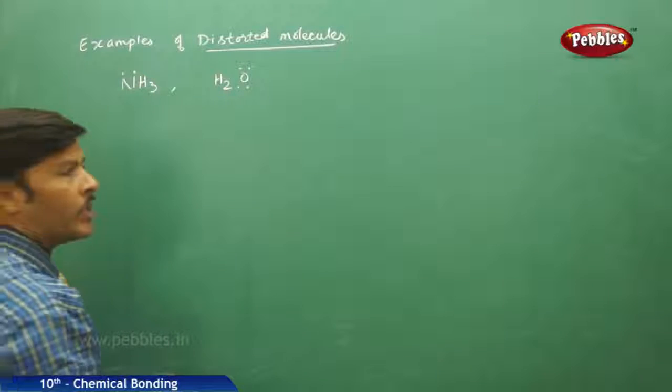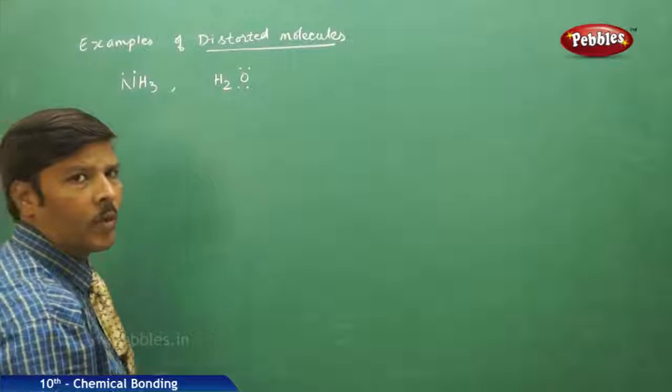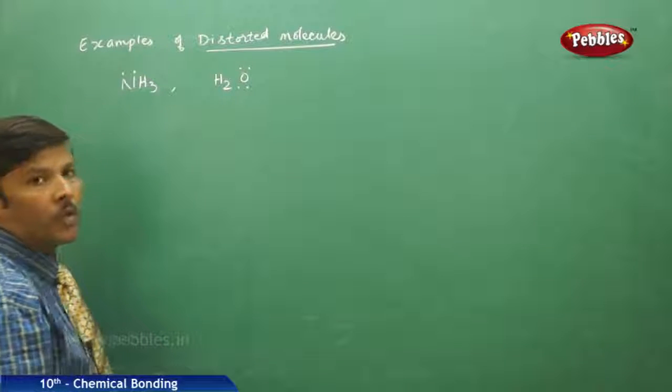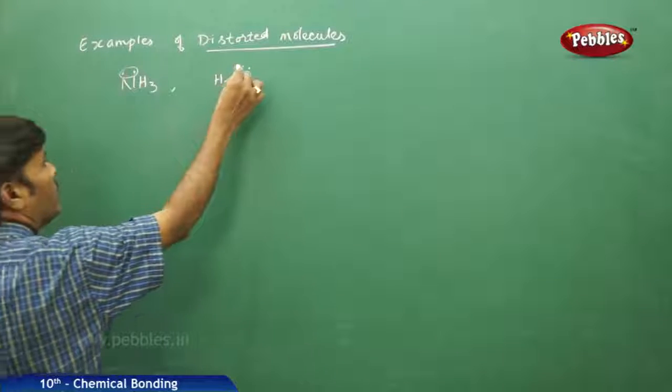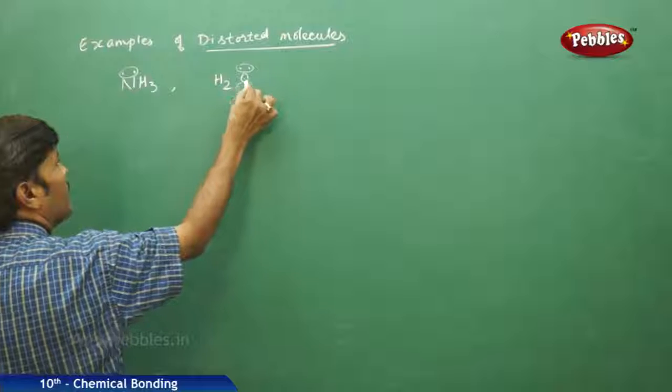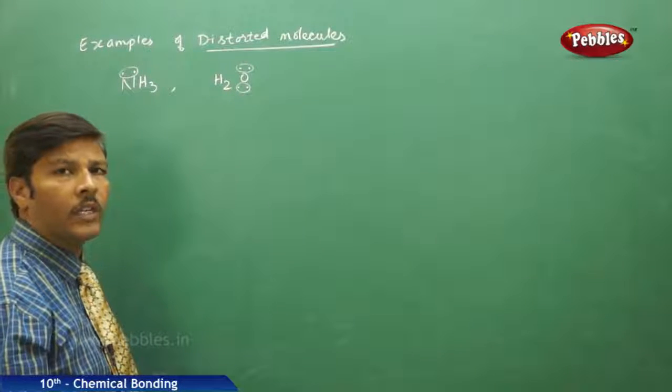As we already discussed in the Lewis electron dot structure method for the formation of covalent bonds in ammonia and water, ammonia contains one lone pair and oxygen contains two lone pairs. This itself says that the ammonia and water molecules are already distorted.